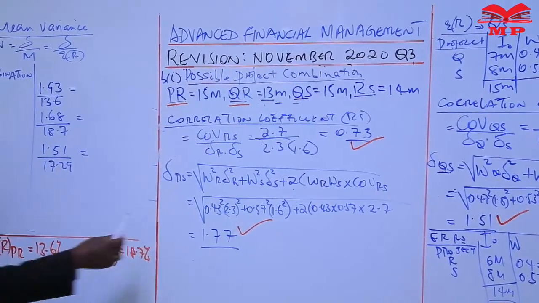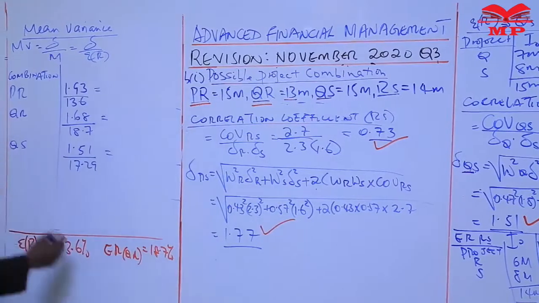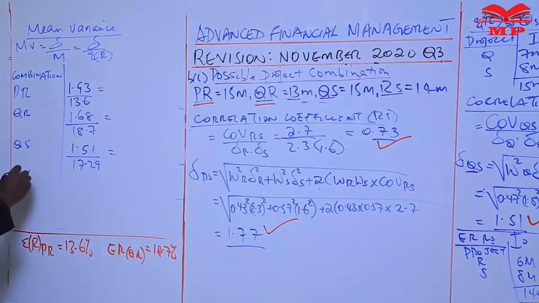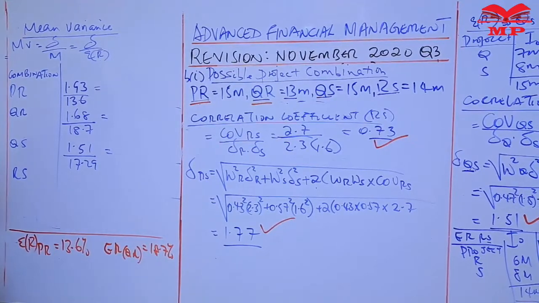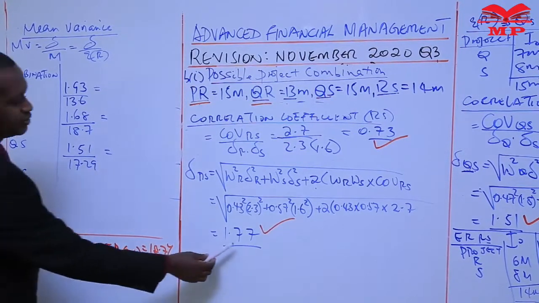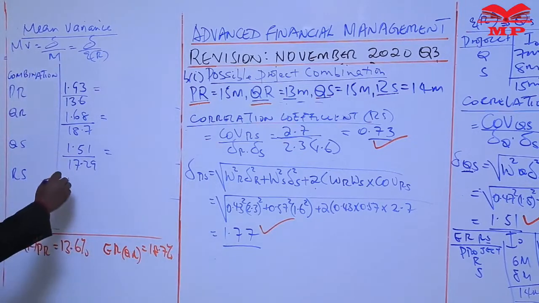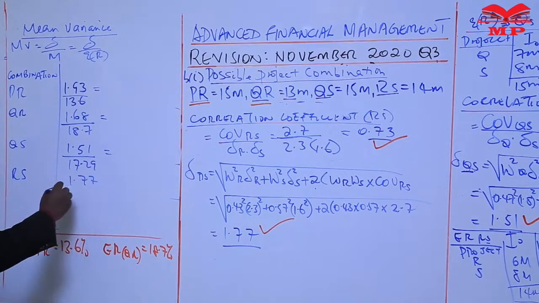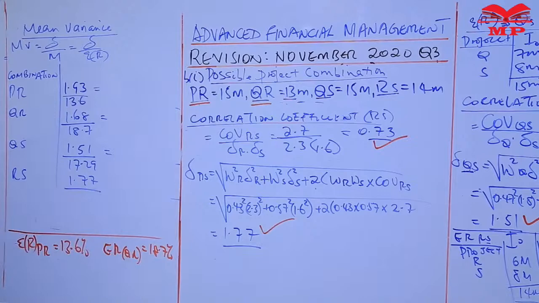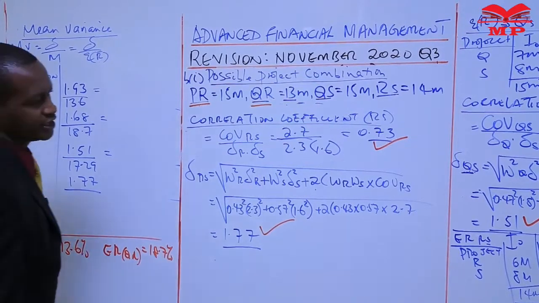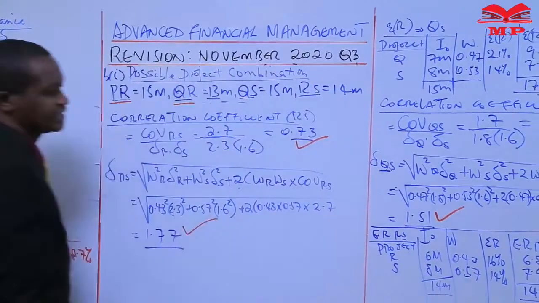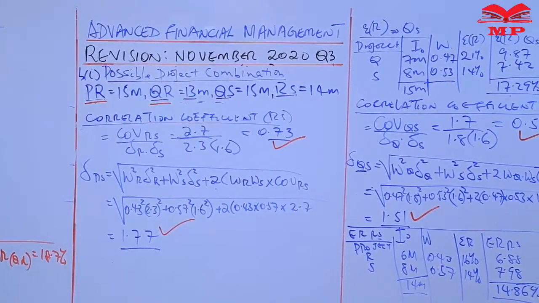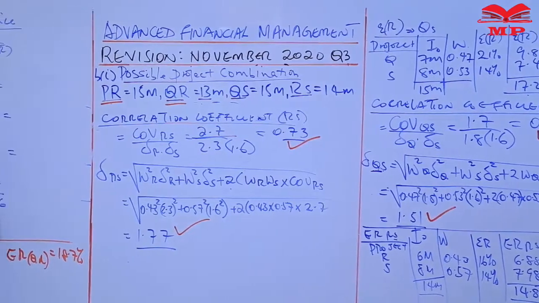Then lastly, combination RS. The standard deviation of combination RS, we have it here, 1.77, divided by the expected return of RS, 14.86.